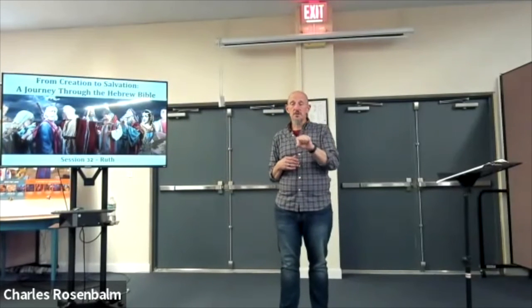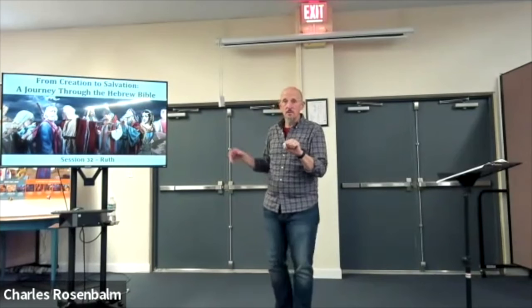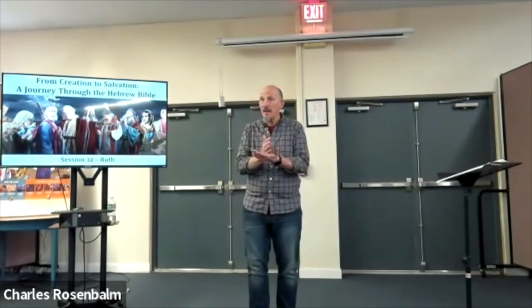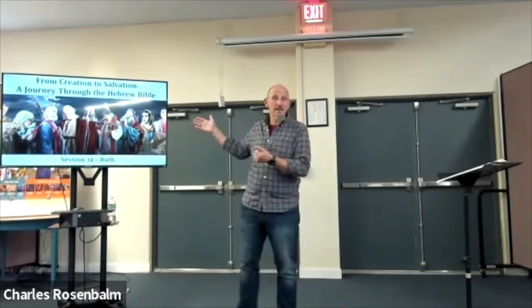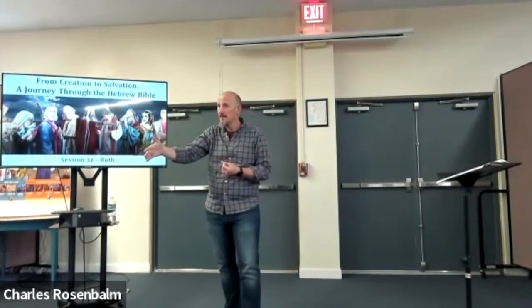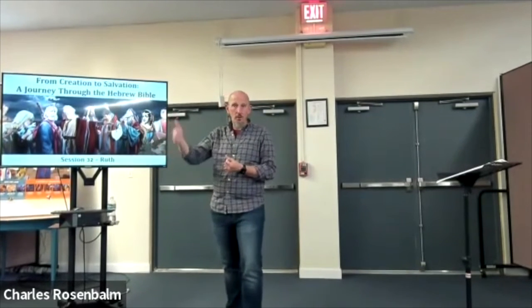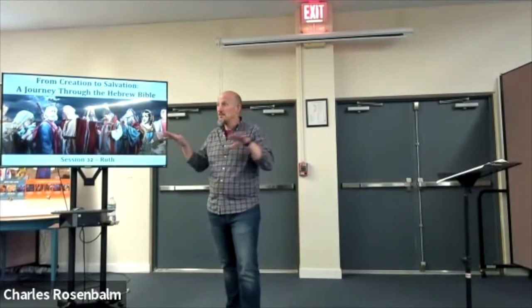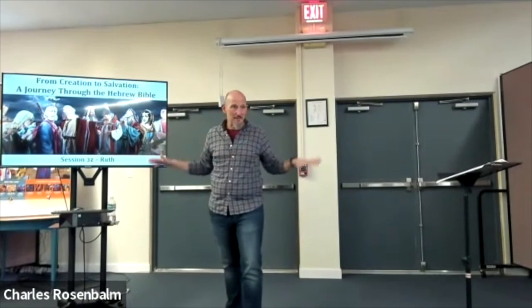Ruth is this picture of faithfulness, that the line of David was about to end. Elimelech, done. What happens if Ruth never gets married and doesn't have Obed? There's no Jesse. There's no David.